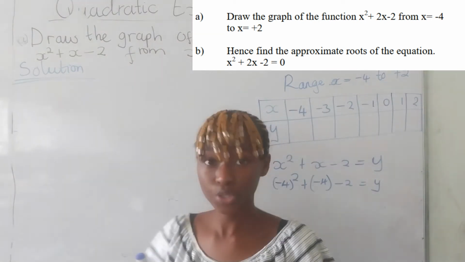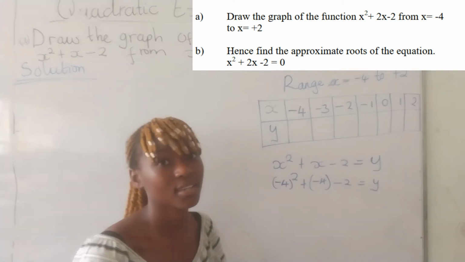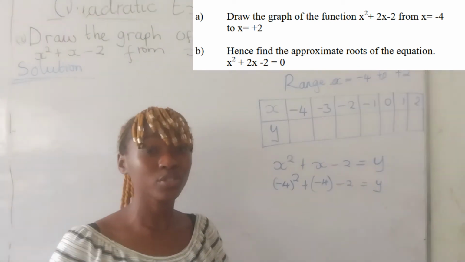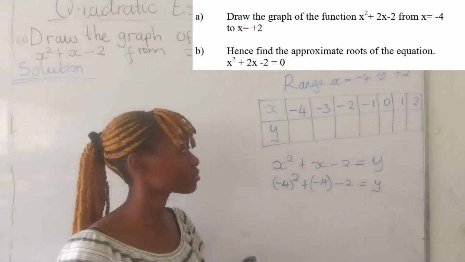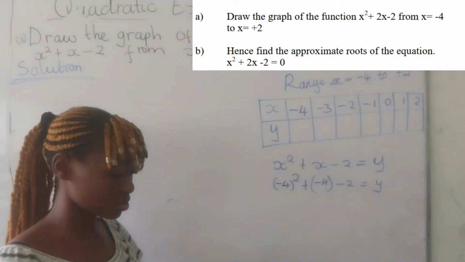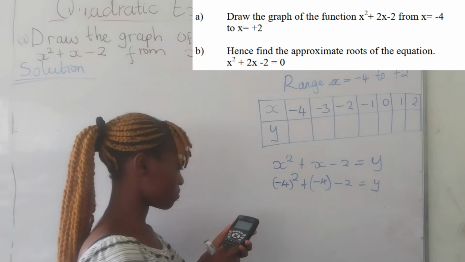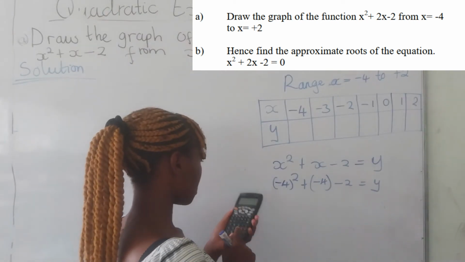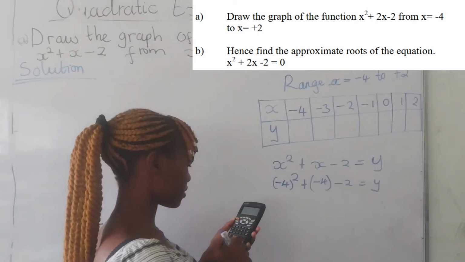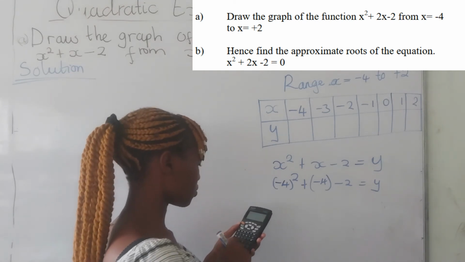And you know, you guys are not allowed to use a calculator, but for me, I'm very used to using a calculator. So some things, if I calculate them using my head, I will actually get them wrong. Okay, so for the first part, it's going to be bracket of minus 4 squared, you simplify, plus bracket minus 4, minus 2.